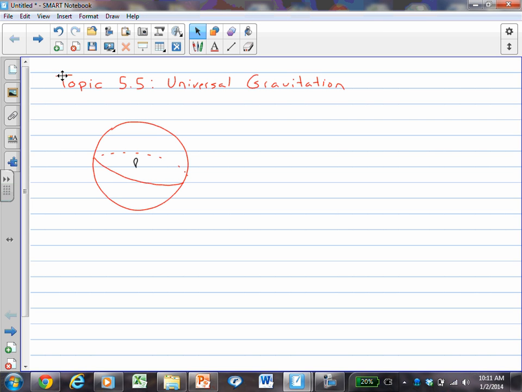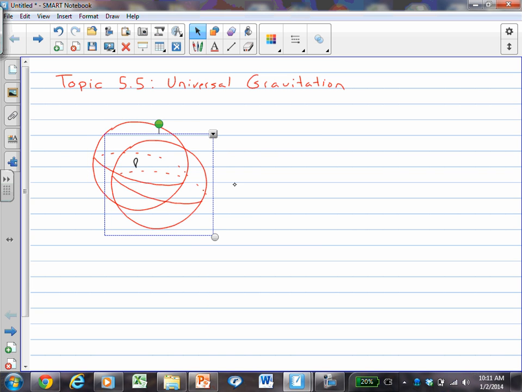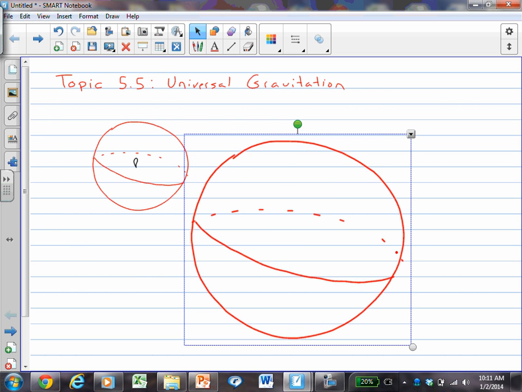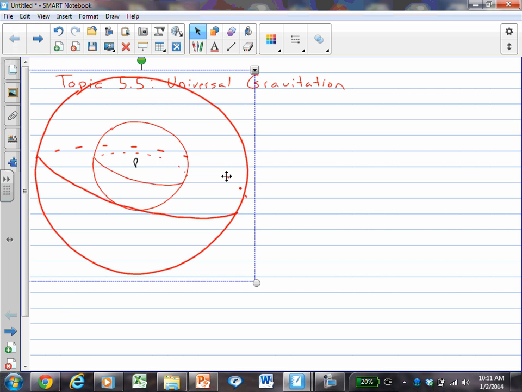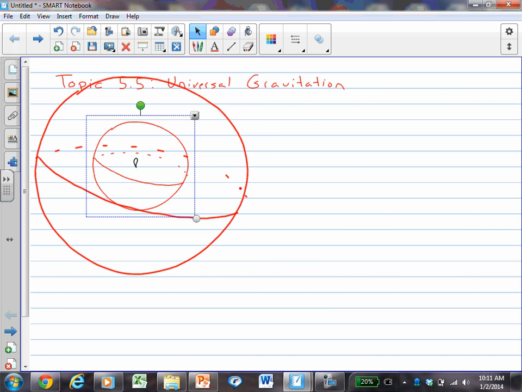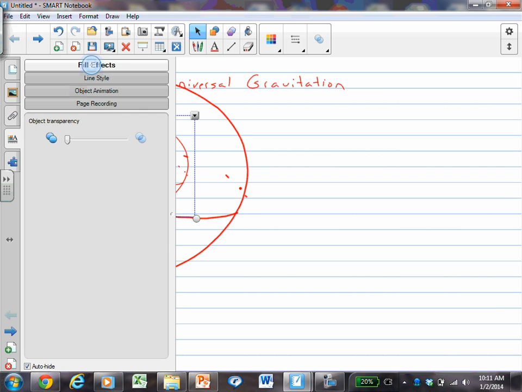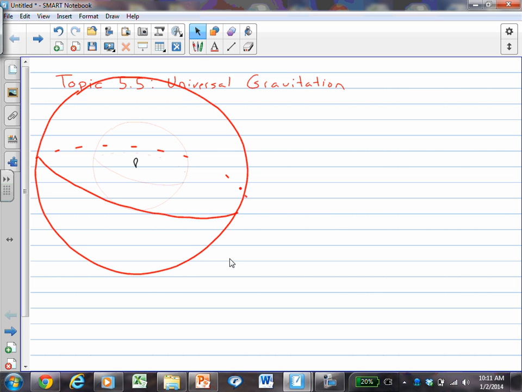As you get farther away, the light intensity has to spread out on a larger sphere, so it will be weaker per unit area. So it spreads out around that sphere.